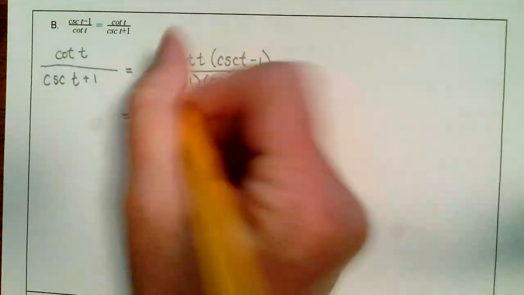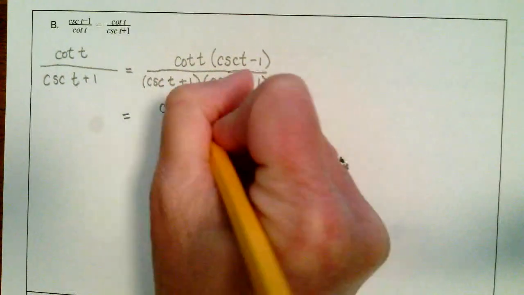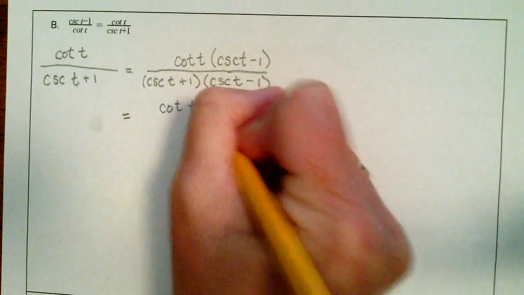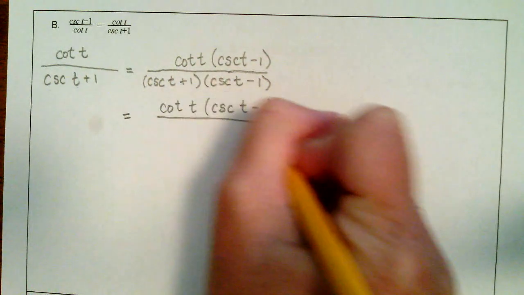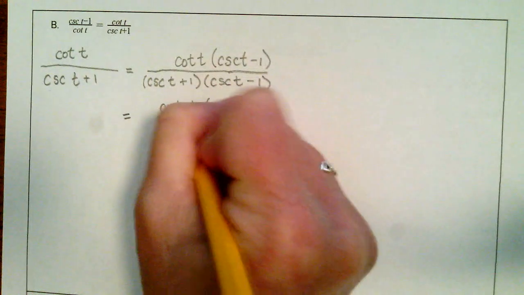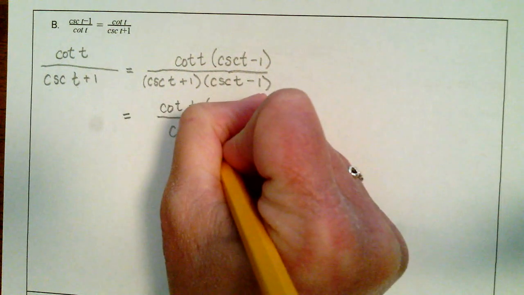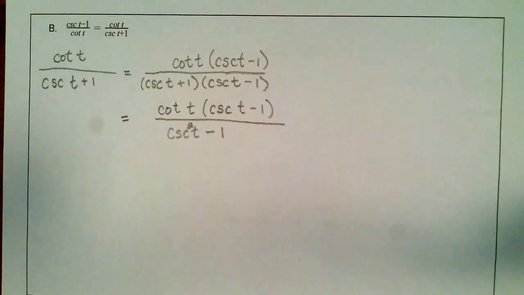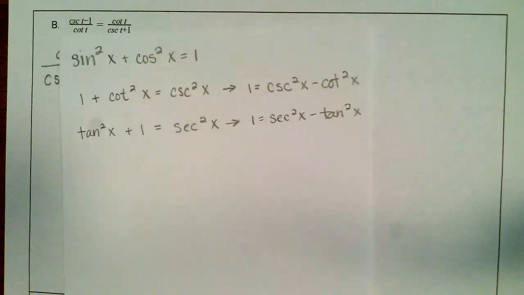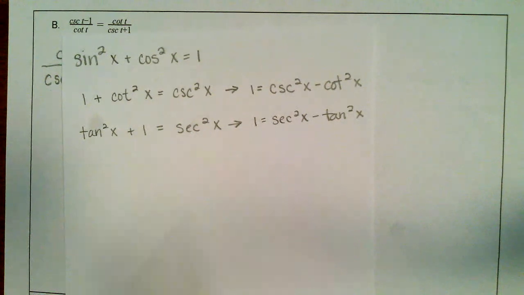So now I get cotangent of t times cosecant of t minus 1 over cosecant of t squared minus 1. Here's another little trick I did. When I knew I was working on identities, I made this little cheat sheet for myself because these are the ones I don't remember well.